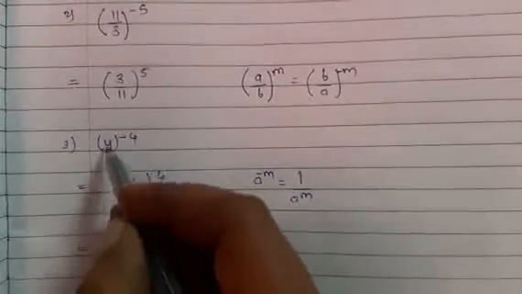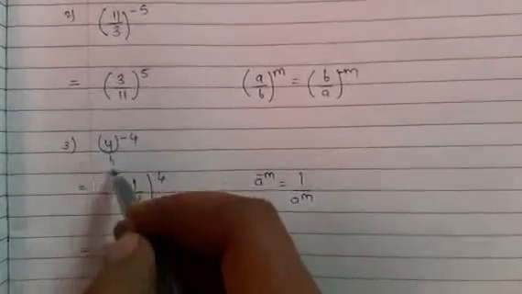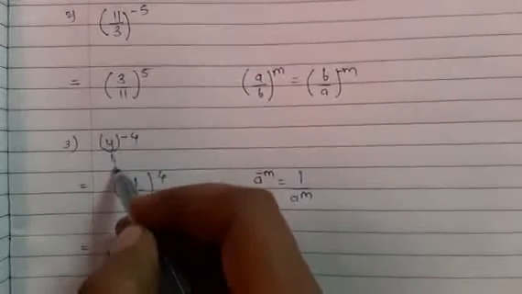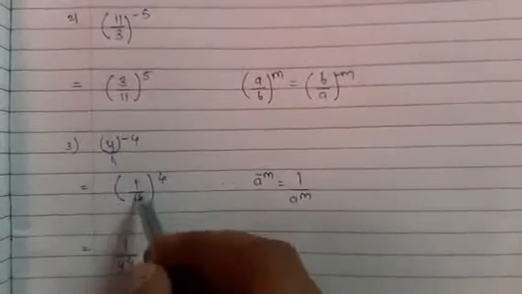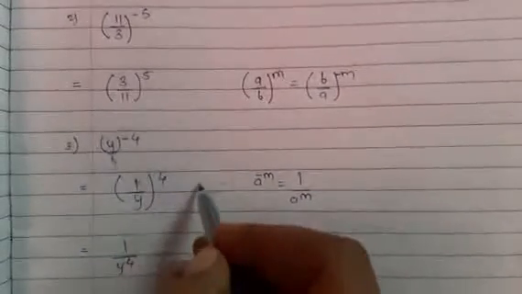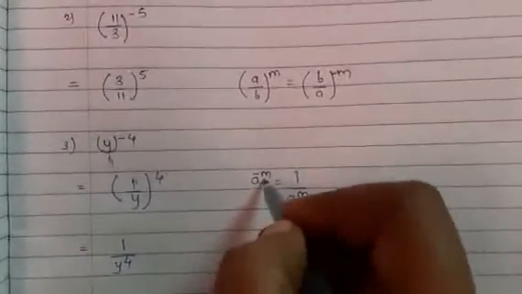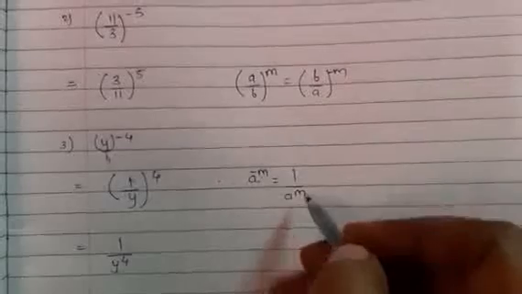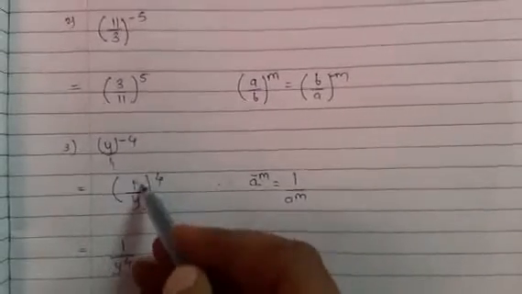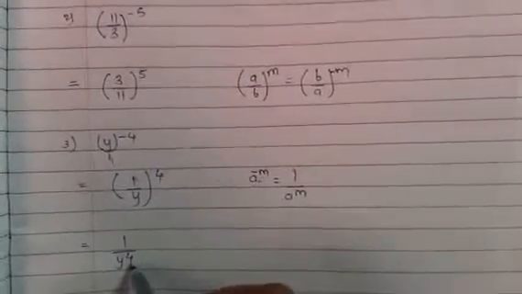So it is nothing but y divided by 1. So 1 we will take up and y we will shift to the denominator. It will become 1 upon y, 1 upon y raised to 4. Which law have we used? a raised to -m is equal to 1 upon a raised to m. So this 4 we apply inside. It will become 1 upon y raised to 4.